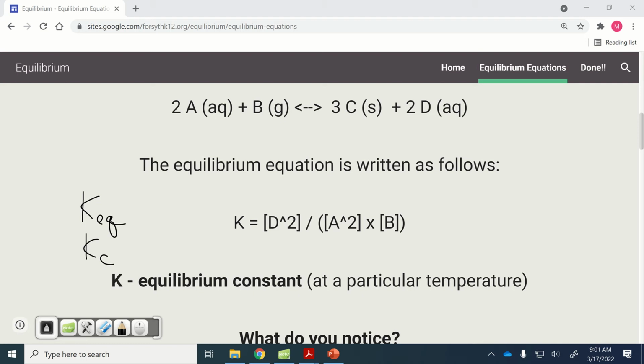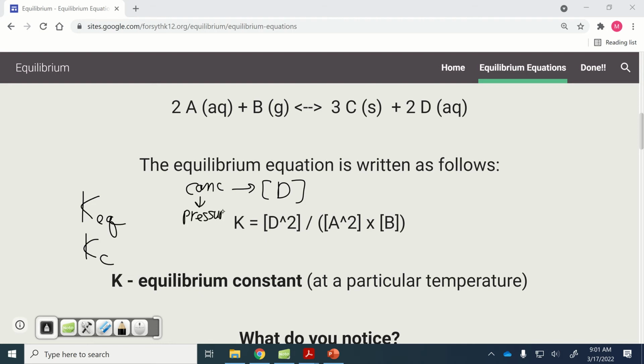But based on the reaction above, K will equal the concentration of D squared. So I'd square the concentration of D. Again, when I put a chemical into brackets, this is representing the concentration of it. This can be concentration or pressure.